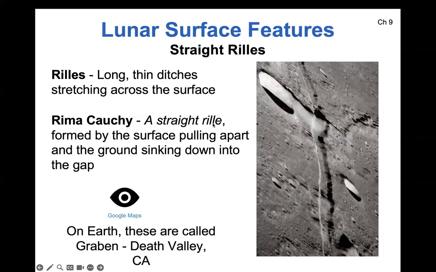But it's a straight rille that's formed by the surface pulling apart and the ground sinking down into the gap. On Earth, there's a feature called a graben, which is the same thing, where the surface is just pulled apart, and it can happen from a number of things. In the case of Death Valley, it's because of the fault line, a strike-slip fault line, and some deformation in the plate.